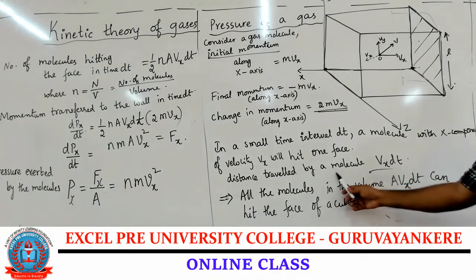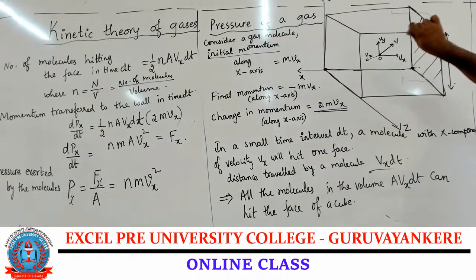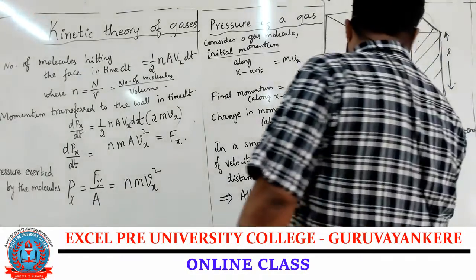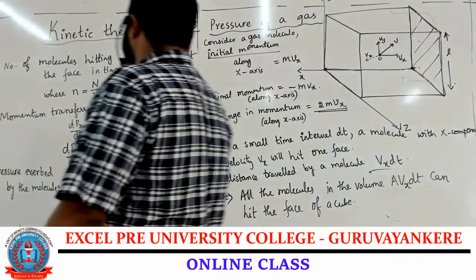Okay, so the distance traveled by a molecule is Vx dt before hitting the wall. All the molecules in the volume, area of the face into distance traveled by the molecule, hit the face of the cube in time dt, that is A Vx dt.